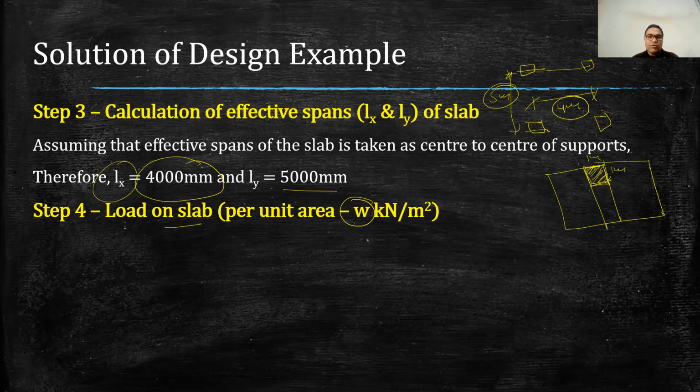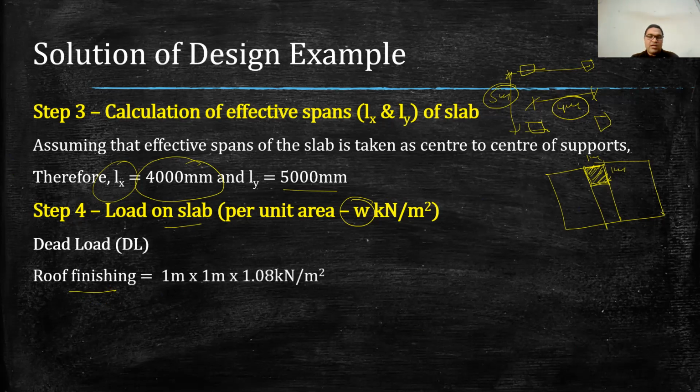So what is that load value? So first we will find out the dead load. So in the dead load, it includes the roof finishing or ceiling, I mean along with the ceiling plaster. So in the problem, it is already mentioned that roof finishing with ceiling plaster, its load will be around 1.08 kilonewton per meter square. So if we multiply this one by one, we get the value as 1.08 kilonewton.